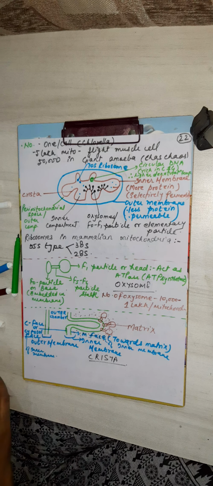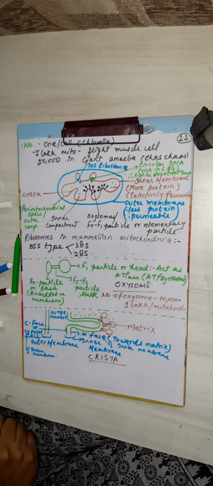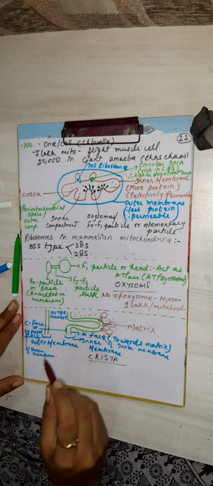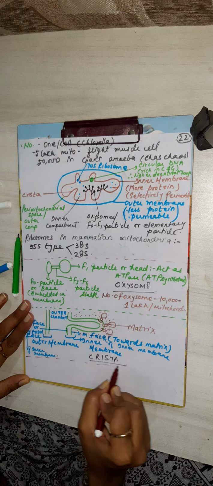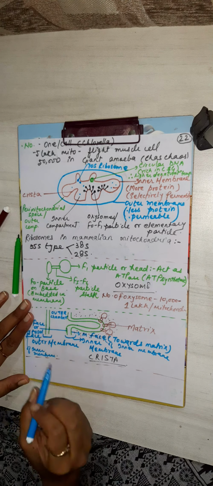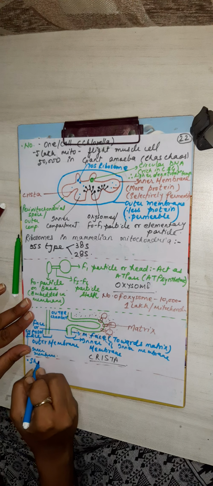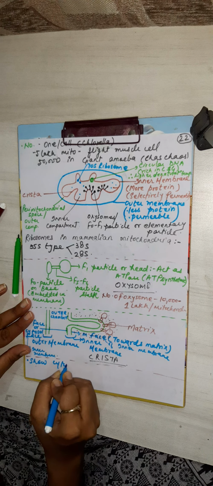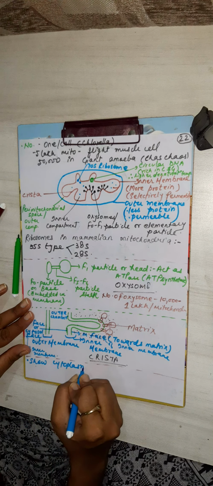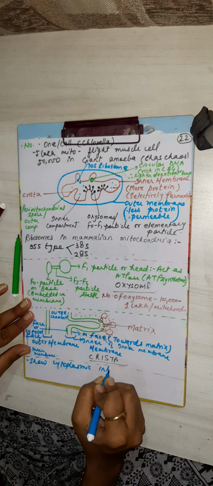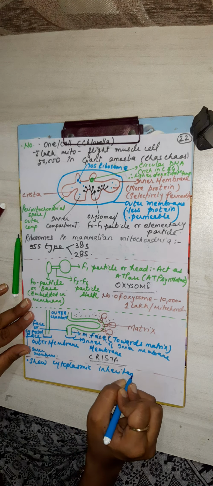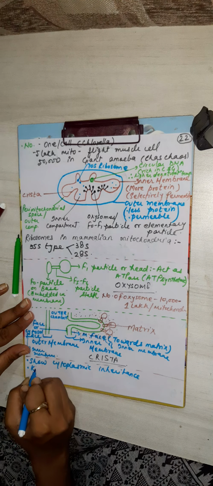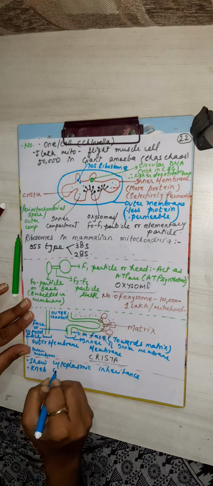So, what else are the points related to mitochondria? It shows cytoplasmic inheritance. What else? The Krebs cycle takes place here, in the mitochondrial matrix.